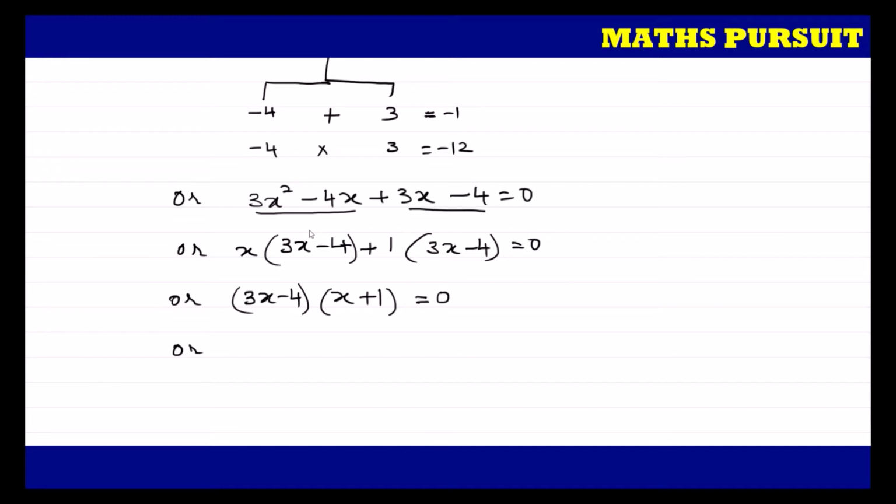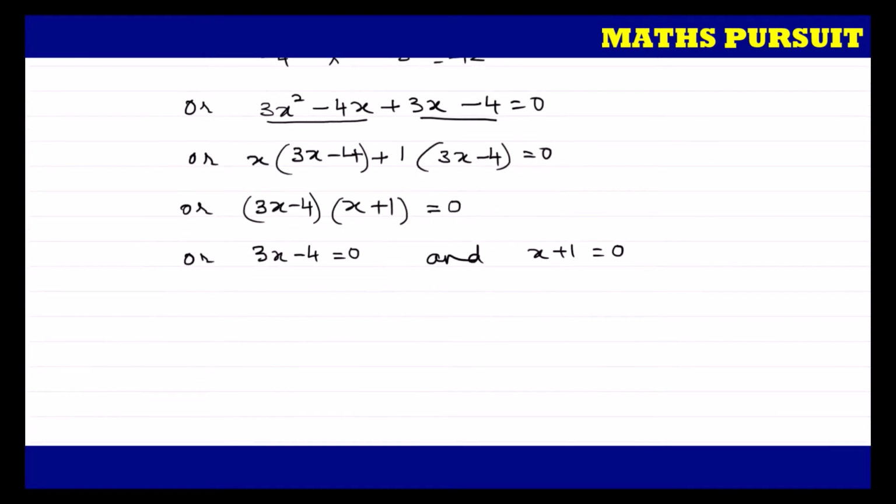Or I can write 3x - 4 is equal to 0 and x + 1 is equal to 0. Or I can write 3x is equal to 4 and x is equal to -1.